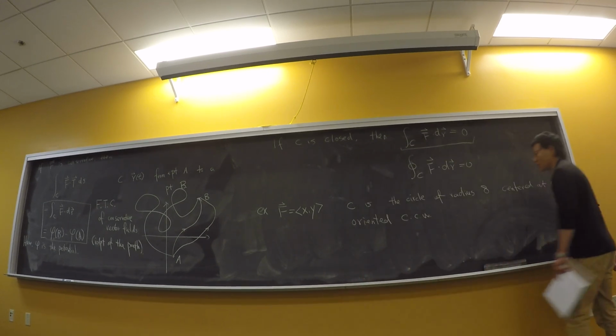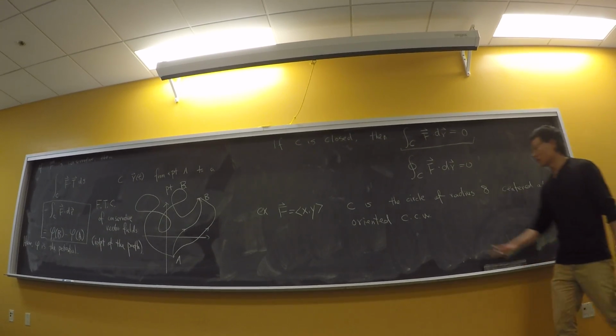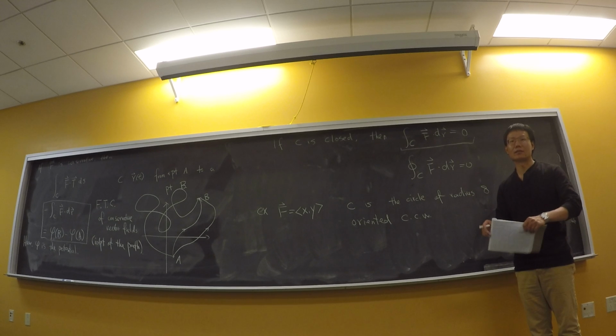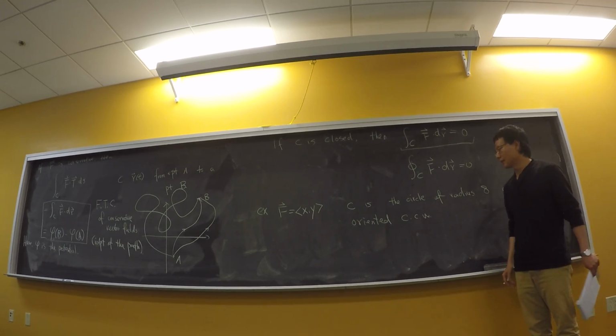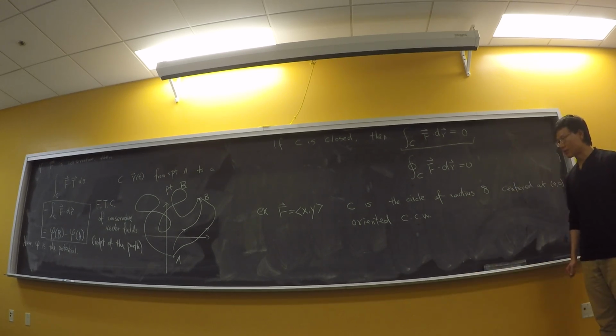This is a pretty long word, so to save me some energy, I'm using CCW for counterclockwise. Okay, counterclockwise is the default direction or orientation we choose for all the curves. Okay, but to be precise, I always mention the orientation as well.